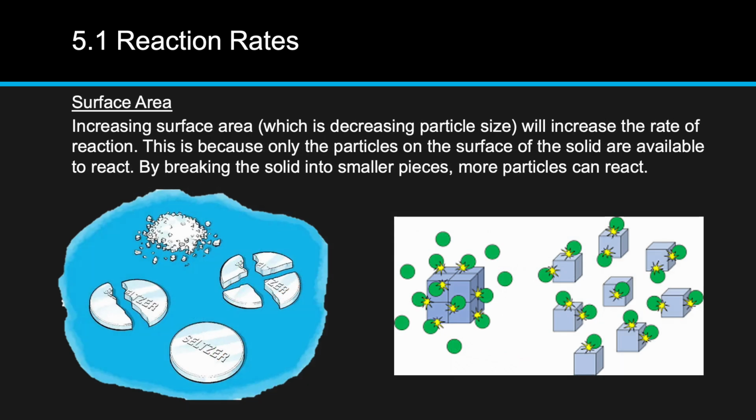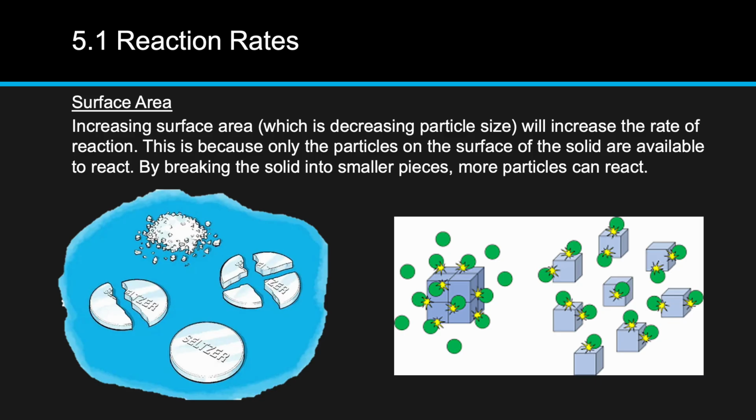For reactions involving solids, surface area plays a major role in reaction rate. So the only particles that are taking part in a reaction are going to be those that are on the surface of a solid. So if you have a large solid chunk, it's going to react a lot slower than something that is broken down into smaller pieces.